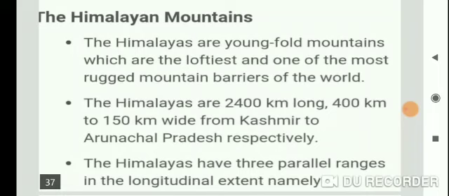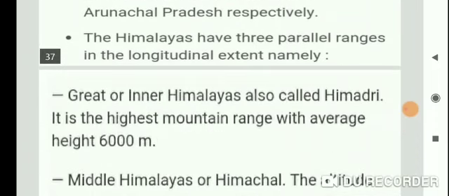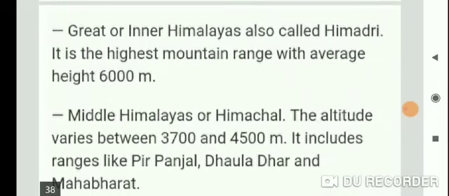The Himalayas have three parallel ranges in the longitudinal extent. The great or inner Himalayas, also called Himadri, is the highest mountain range with an average height of 6000 meters, and the middle Himalayas, or Himachal, has an altitude varying between 3700 and 4500 meters. It includes ranges like Pir Panjal, Dauladhar and Mahabharat.